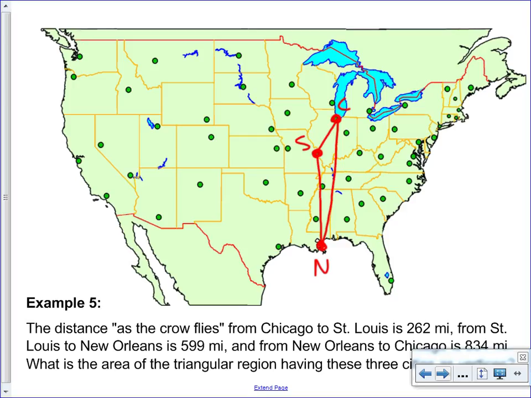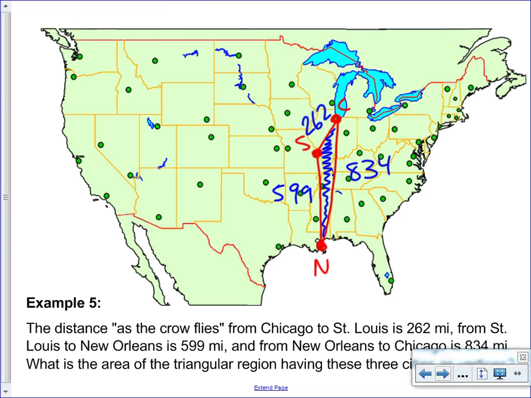The distance from Chicago to St. Louis is 262, from St. Louis to New Orleans is 599, and New Orleans to Chicago is 834. So to find the area inside this triangle, you just have to use Heron's formula.